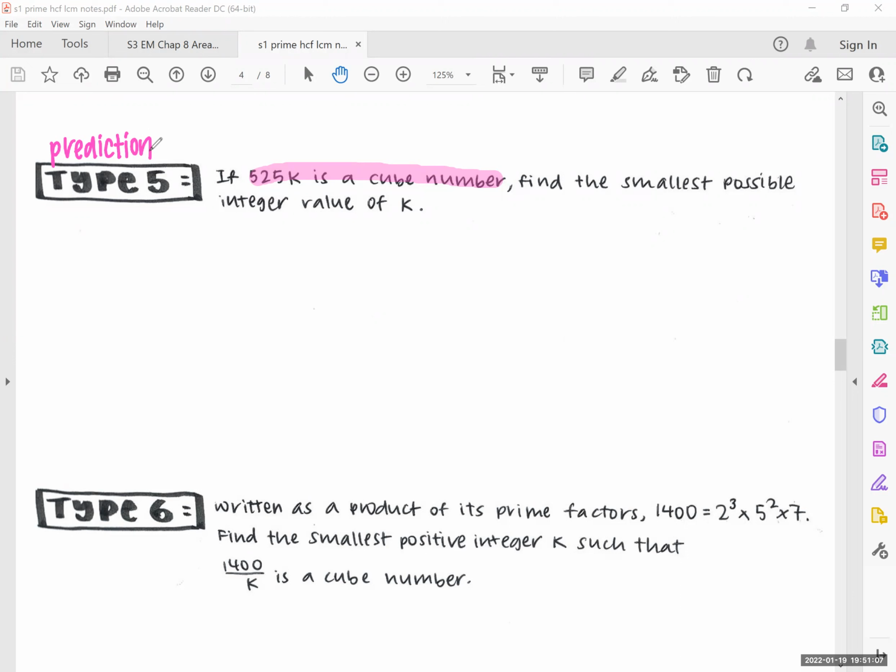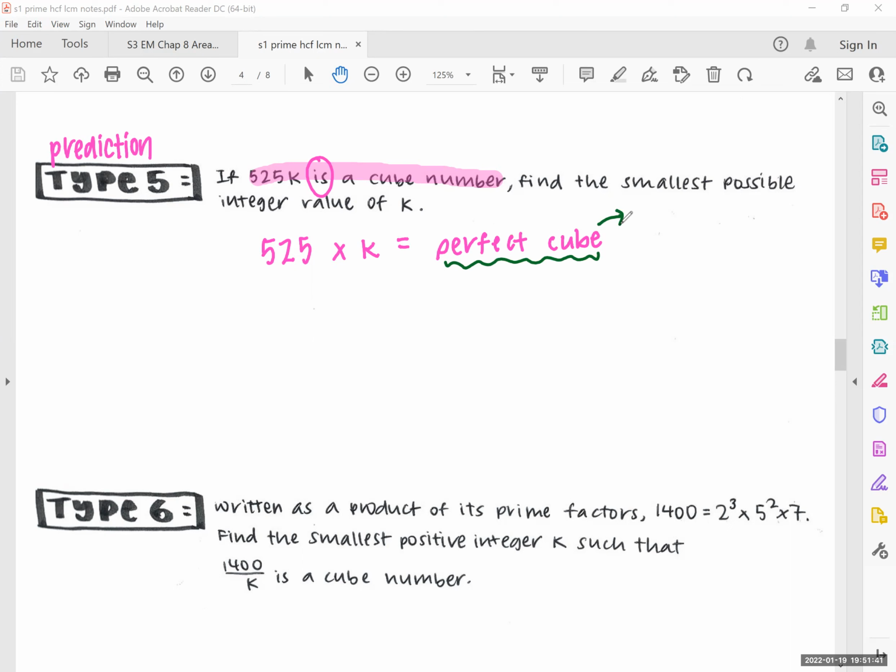So for this prediction question type, can you see this is 525k? So let's write 525. K means what? They don't write any sign, so it's 525 times k equal to a cube number. So I just write as perfect cube. So what does perfect cube mean?